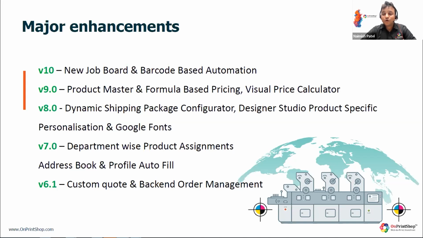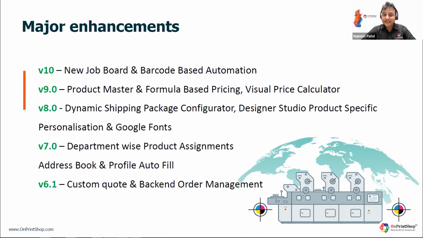So many times they lose money in shipping, because what they quote to the customer versus what they end up paying to the shipping provider at the end of the month is completely different. So that's where we improved our shipping with a dynamic shipping packaging configurator. It dynamically understands the height and width or the material thickness and creates the dynamic packaging.